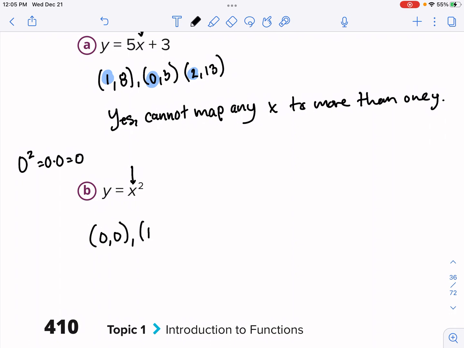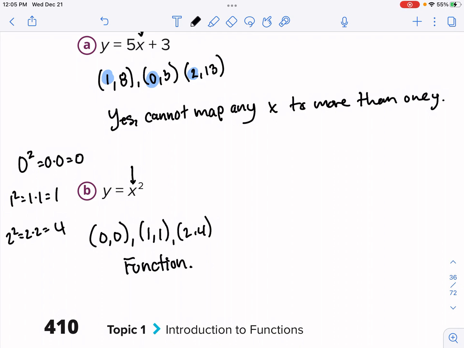Okay, let's plug a 1 now. 1 squared means 1 times 1, and 1 times 1 is just 1. And then let's say I plug a 2. 2 squared is 2 times 2, and 2 times 2 is 4. All right, is this a function? Looking at the ordered pairs, each x has one y, so we'll say that this is a function.